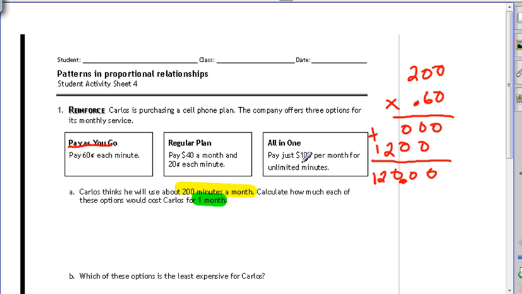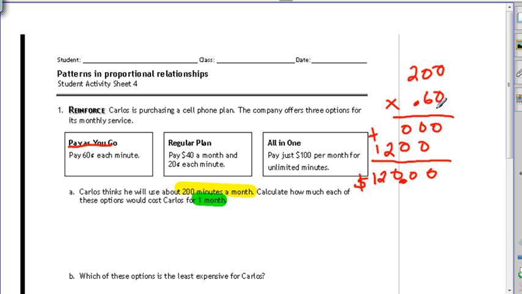and then check it with me. All right, so here's the answer for Pay As You Go. Pay As You Go is going to be $120. The reason I got that, it's 200, which were the minutes per month, and it's 60 cents. Remember when you do 60 cents, it has a decimal point right here. And when you multiply a decimal, you make sure your answer has the same amount of numbers behind the decimal.